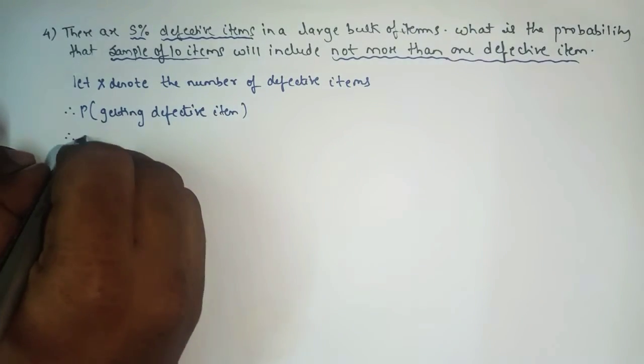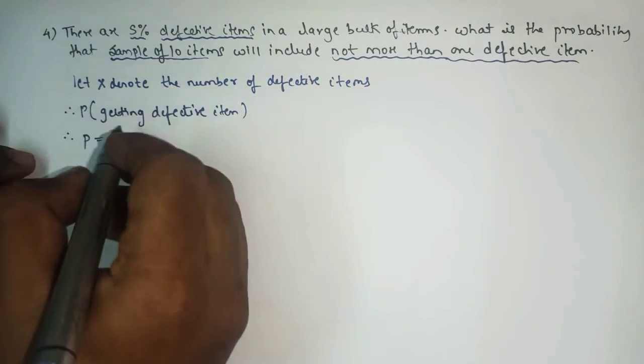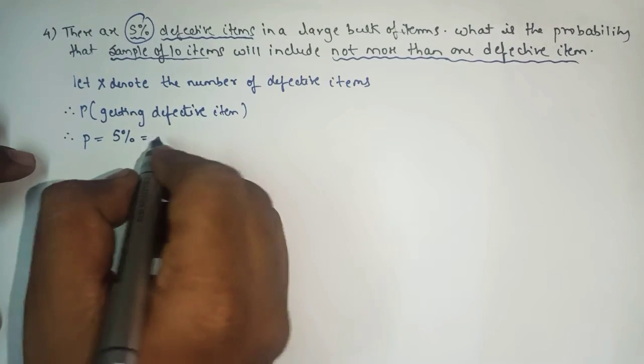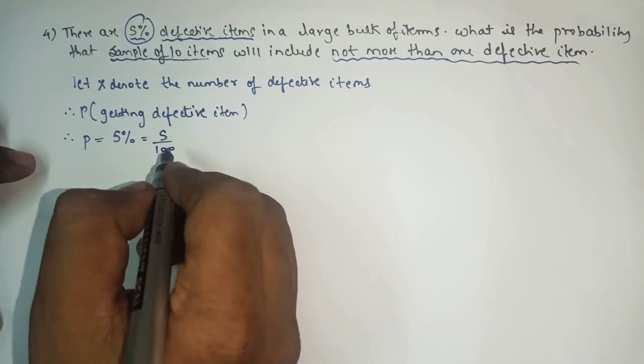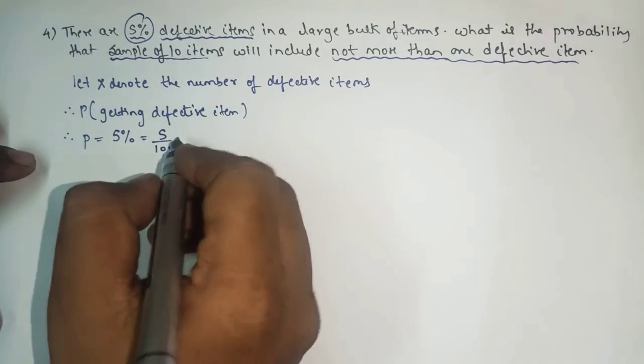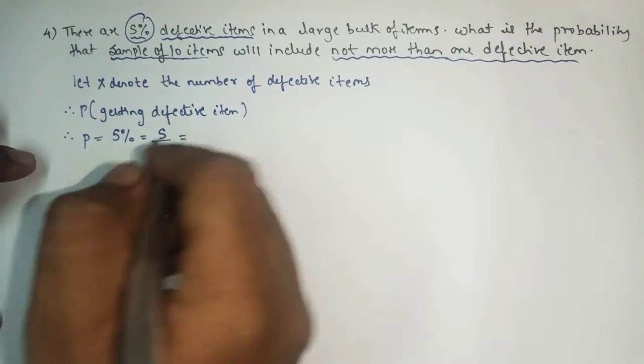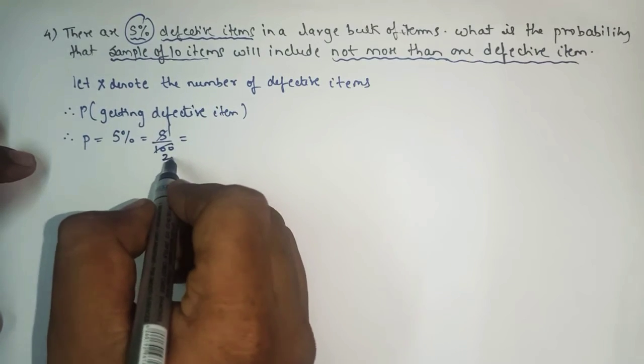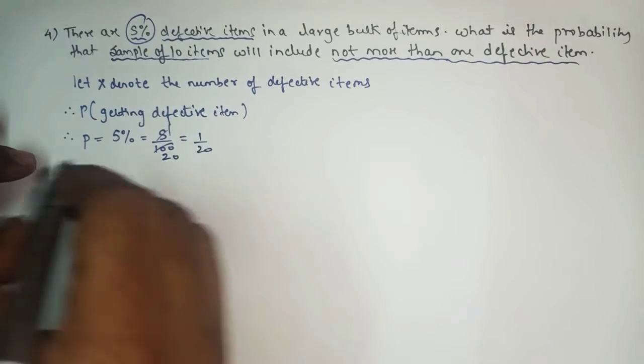The value of p is 5%, which we can write as 5 upon 100. Further we can cancel this number: 5 ones are 5, 5 twenties are 100, so it is 1 by 20.